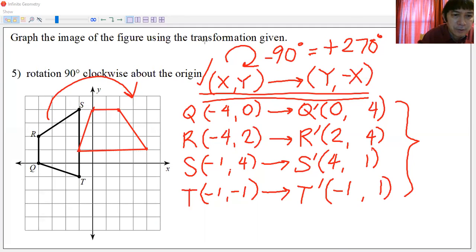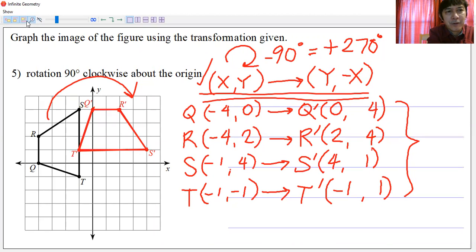Okay, and let's adjust the other one. All right, that's our clockwise rotation. So let's have the computer's answer there. Okay, it matches our solution.